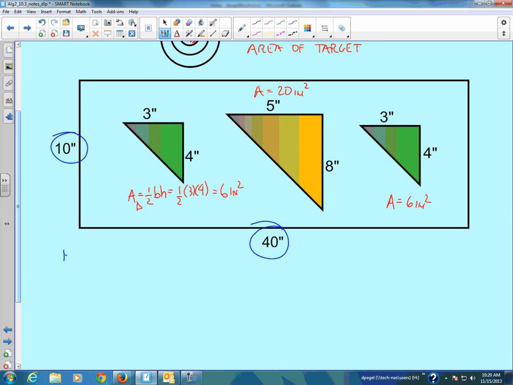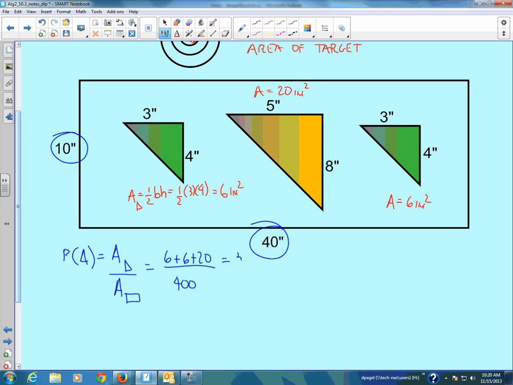So the probability of hitting a triangle is equal to the area of a triangle divided by the area of this rectangle. So we already know our area of our triangles. We have 6 plus another 6 plus 20 inches squared, and the area of our rectangle is 10 times 40, or 400.